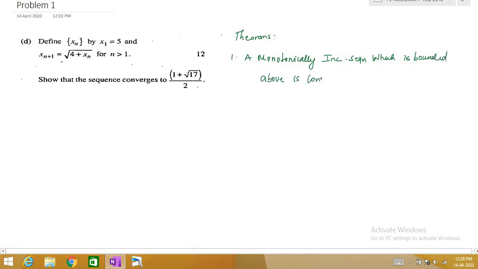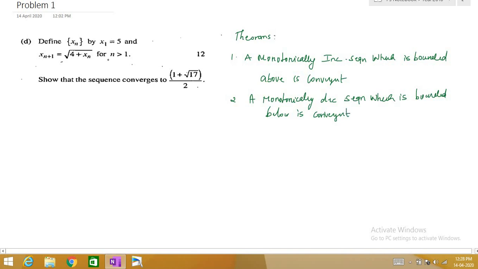You know this result. And similarly, a monotonically decreasing sequence which is bounded below is convergent. According to these two results, I'm going to show that this sequence is convergent.